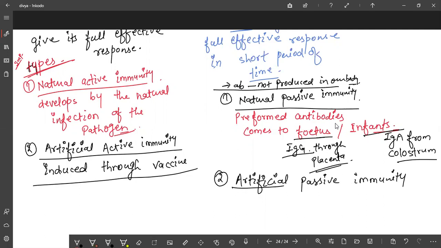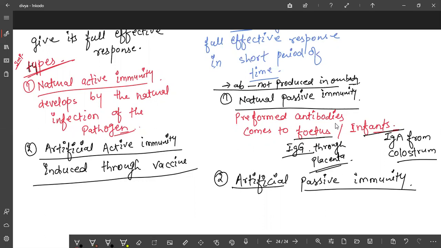During the antibody discussion, I told you that there is one antibody that can cross the placenta, and you know that it is IgG. This is the only antibody that can cross the placenta.